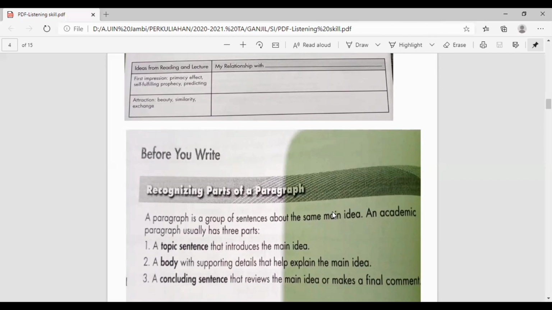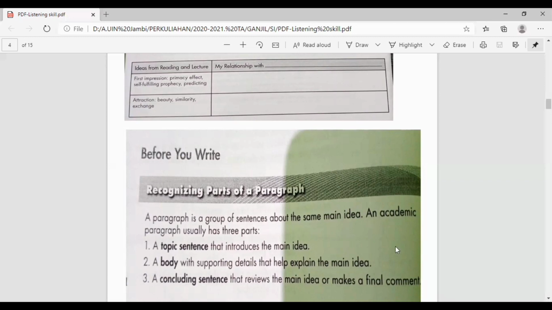Okay, next, let's continue to writing. Yeah, so you are going to practice your writing skill too. But first, before you write, you need to recognize parts of a paragraph. So, as you may know, a paragraph is a group of sentences about the same main idea. An academic paragraph usually has three parts.